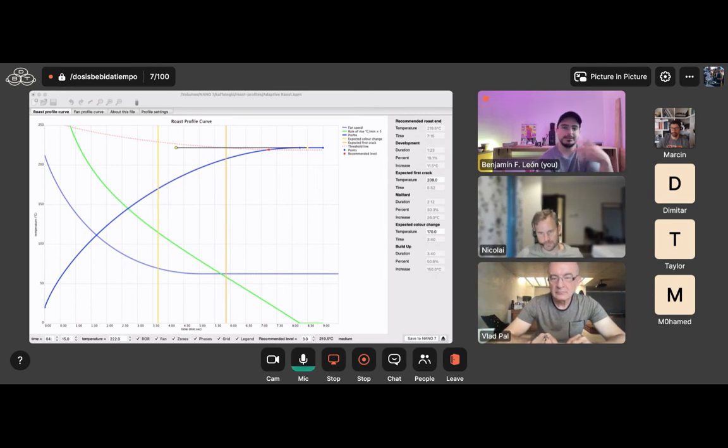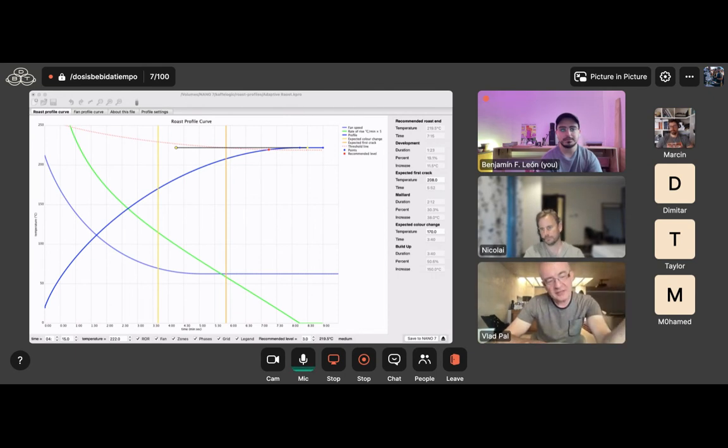Even if we all have the same coffee and the same roaster, if we mark first crack at different temperatures, of course we're going to have different degrees of development time. I wouldn't ask how much development time you gave this coffee to have that result. In that scenario I would just look at temperature and time.